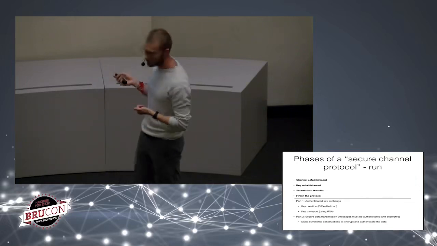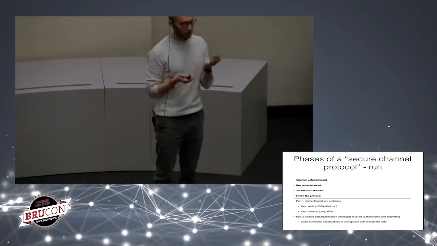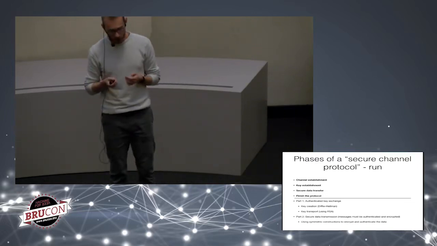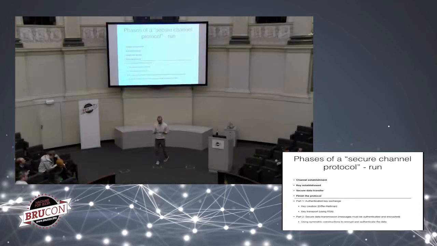Then we have key transport, typically using RSA. For example, in the context of TLS, the client will create a secret. The secret will be encrypted using the other side's public key, and then that encryption will be sent to the other side, and the other side is able to decrypt that message using its private key.